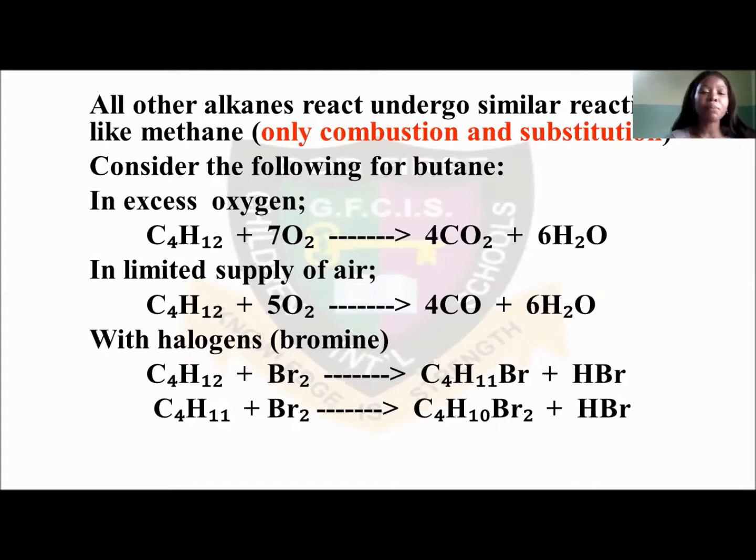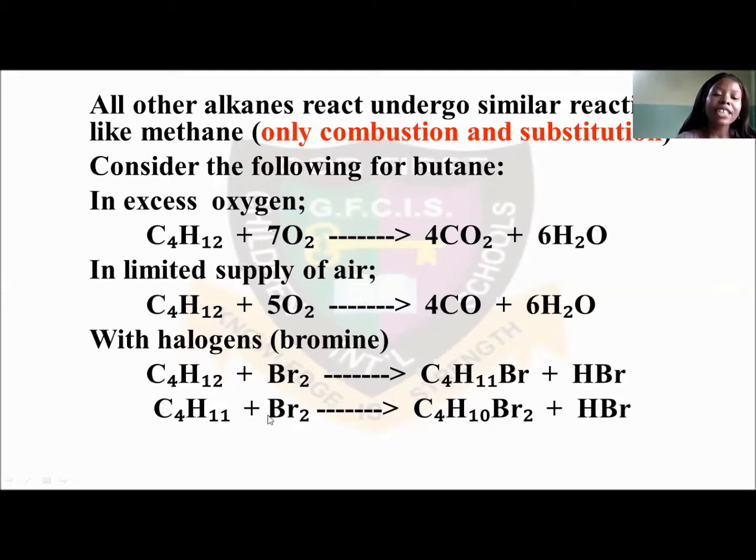So look at this, we use butane here as a case study. You have the products of combustion for each of these. Then with the halogen, let's use bromine as an example. One of the hydrogen atoms in butane is substituted with bromine, and you have bromobutane.